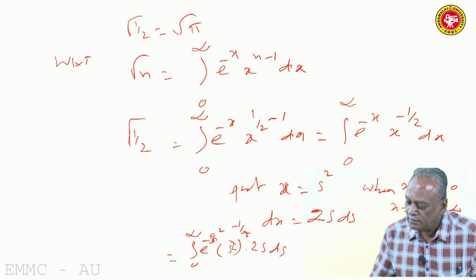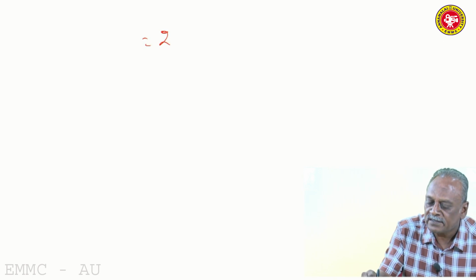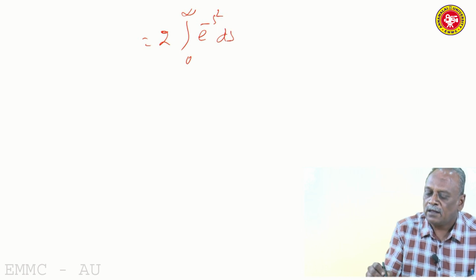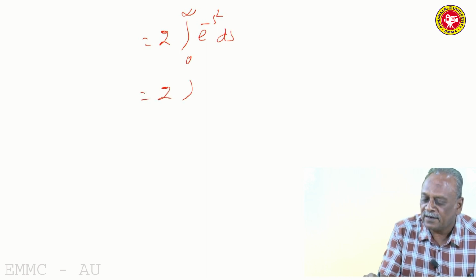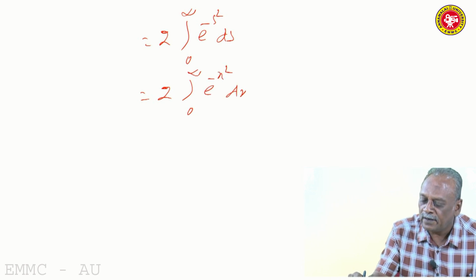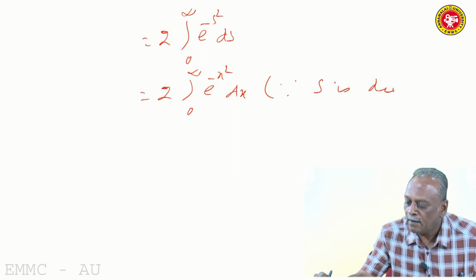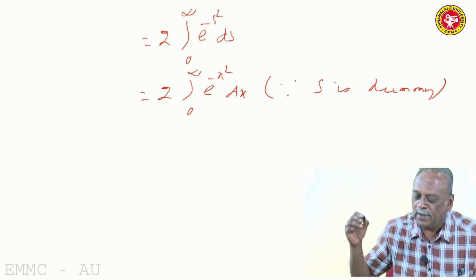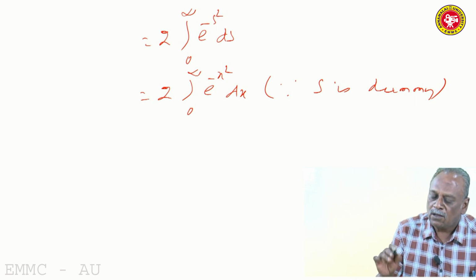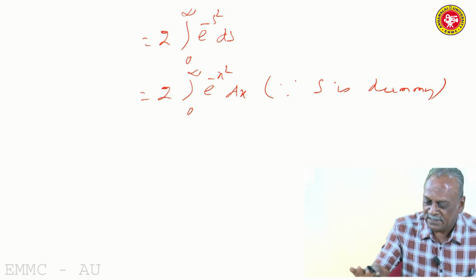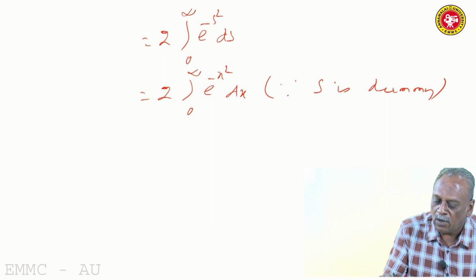So now we are getting twice the integral from 0 to infinity of e power minus s square ds. This is equal to twice the integral from 0 to infinity of e power minus x square dx, since s is a dummy variable. So putting x equal to s square, we get this result. Now this is gamma 1 by 2.